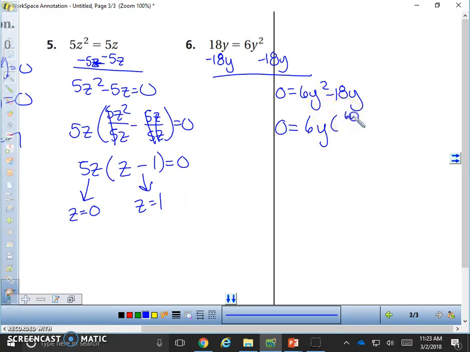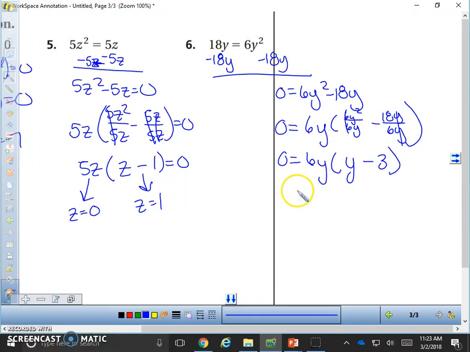Okay, 6y squared divided by 6y minus 18y divided by 6y. So I can take out that 6y, I have to divide everything out. All right, 6y. 6 divided by 6 is 1. Y squared divided by y is y. Minus 18 divided by 6 is 3. Y divided by y is 1. Zero product property. Y equals 0. Zero product property. Y equals the opposite of negative 3, positive 3.